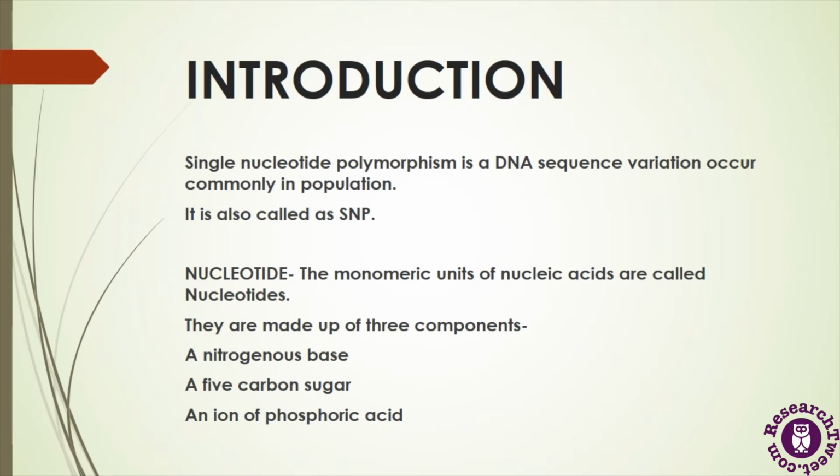Another component is a 5-carbon sugar, which is a pentose sugar, and it varies in the two nucleic acids. DNA consists of deoxyribose sugar, but RNA consists of ribose sugar. The third component is an ion of phosphoric acid. So these are the components of a nucleotide.